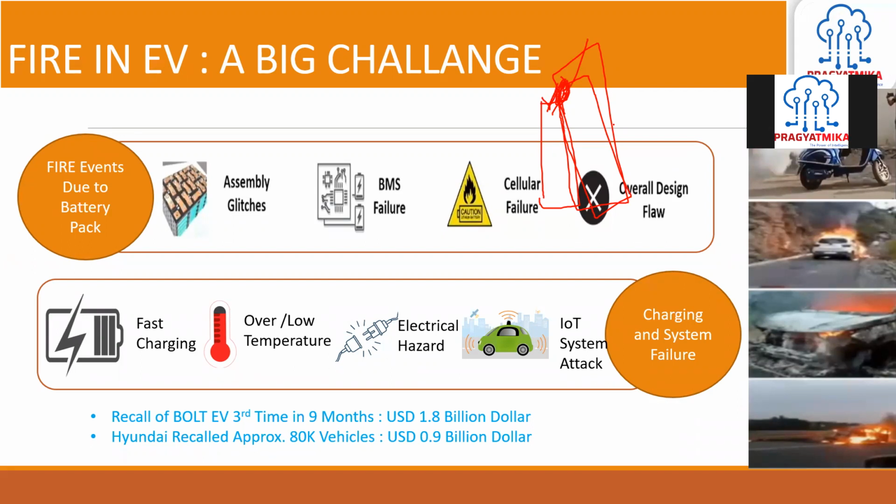So you can think that it was actually a cell level issue which was recognized neither by LG Chem nor by General Motors while making the battery pack. They deployed the battery packs into the market, and it created such a big issue.